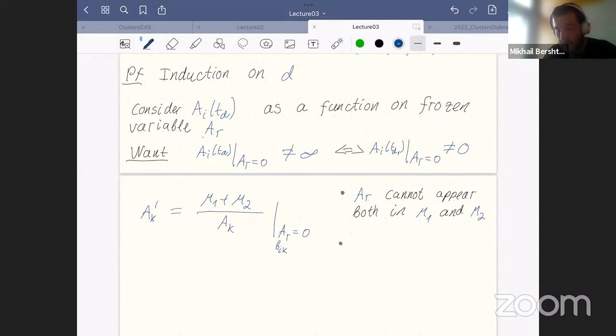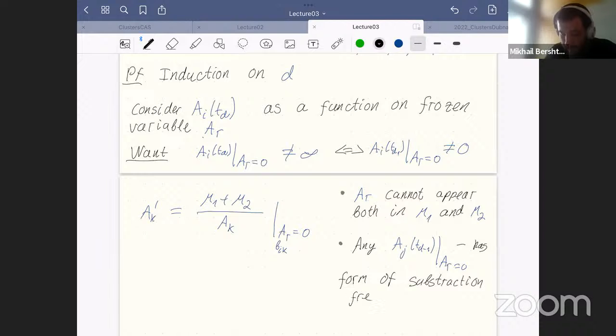And second, any AK, AJ on the previous step, if we substitute AR equal to 0, it has the form of a subtraction-free rational function.